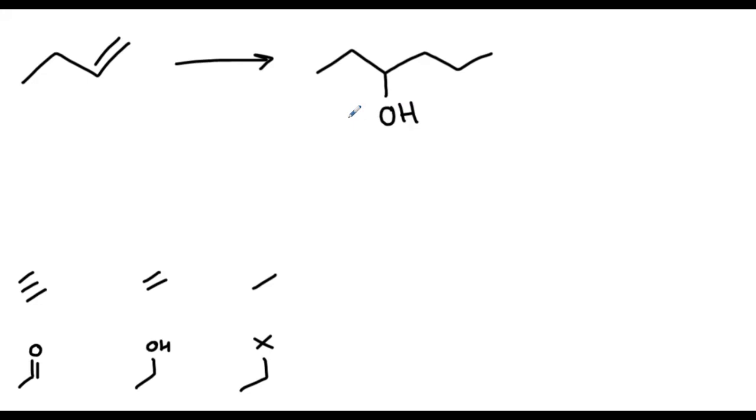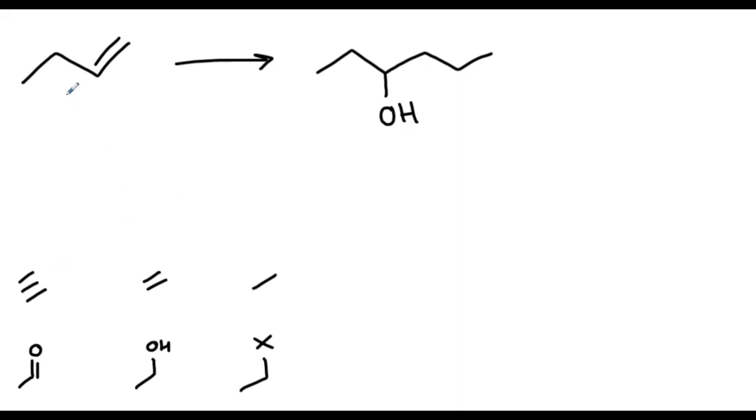Last semester, the one reaction we focused on to add carbons to a chain was via acetylide ions, where you make a terminal triple bond, remove one of the hydrogens and add carbons that way.